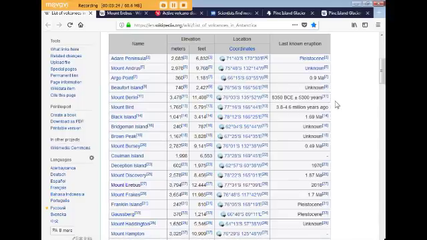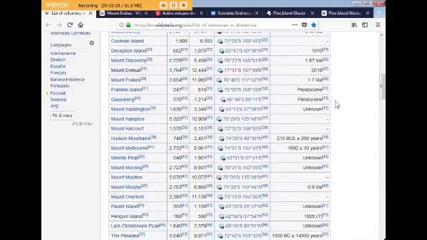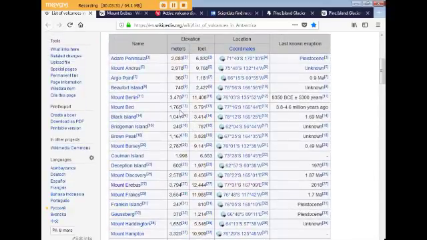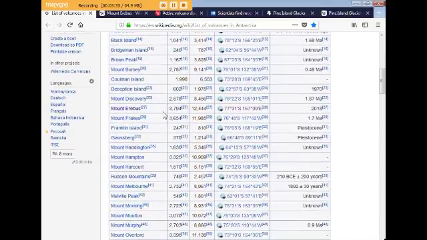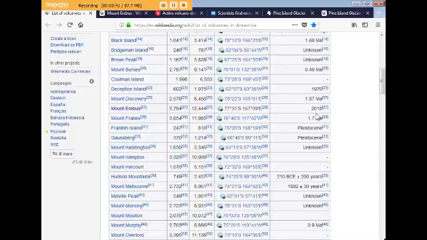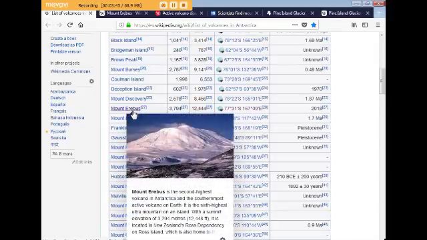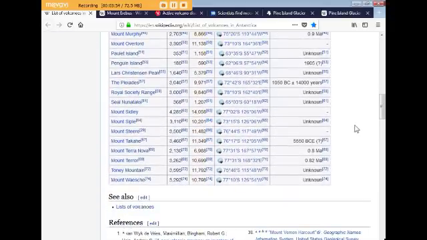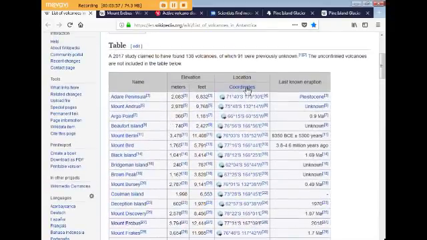Here's the last known eruption, and we're going to look at the Pine Island. Oh, Mount Erebus. Mount Erebus is the one I wanted to show you. And last known eruption is 2018 because it's erupting. It's active. It's been active this whole time. And so I'm going to show you some more information about that.